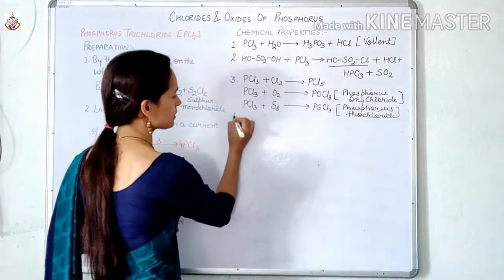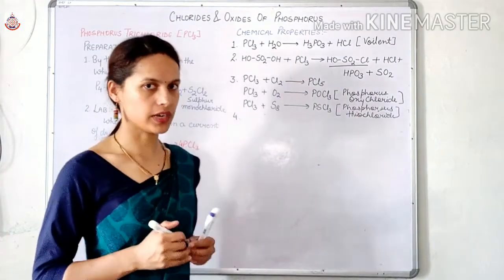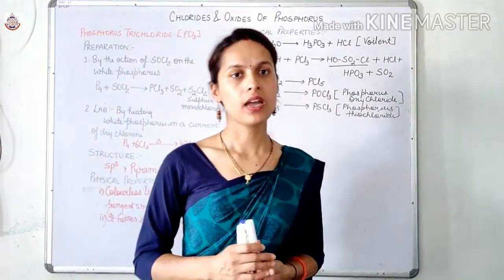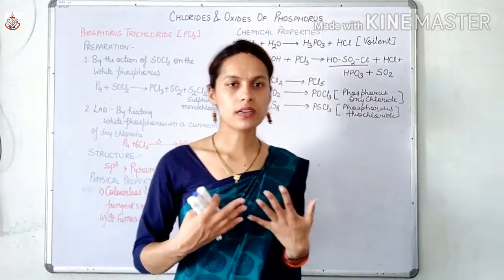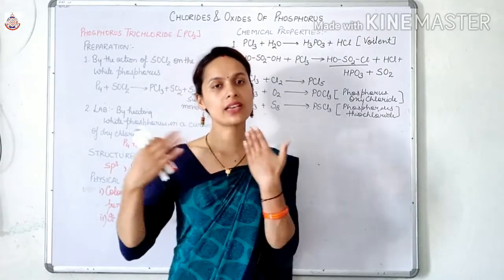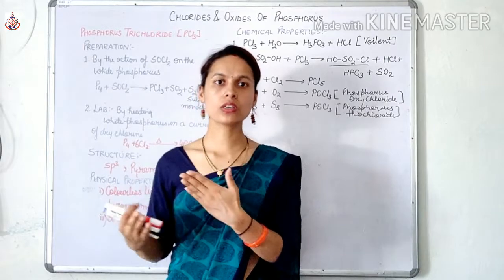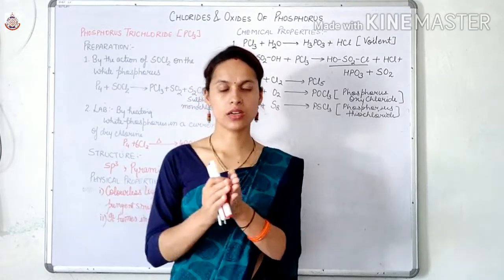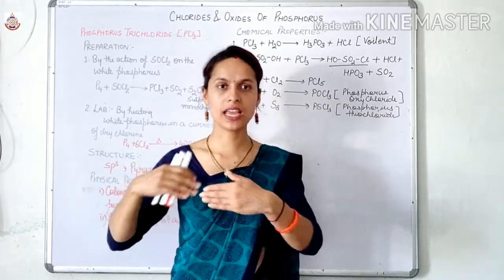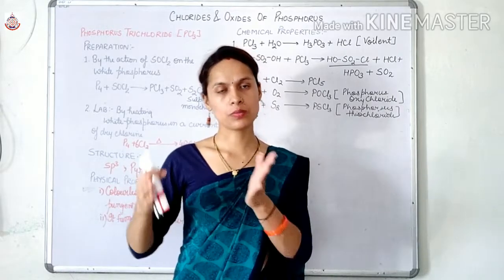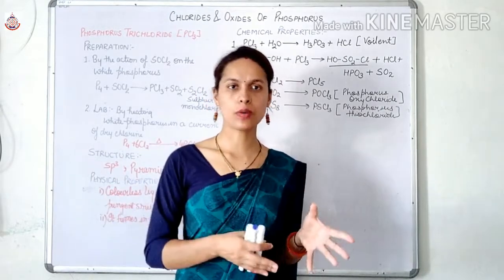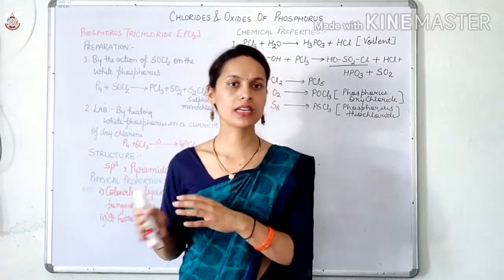Now the fourth one is the reaction with the Grignard reagent. When it reacts with the Grignard reagent, it substitutes the other part of the Grignard reagent except the alkyl group, meaning it replaces the alkyl group or aryl group from the Grignard reagent.